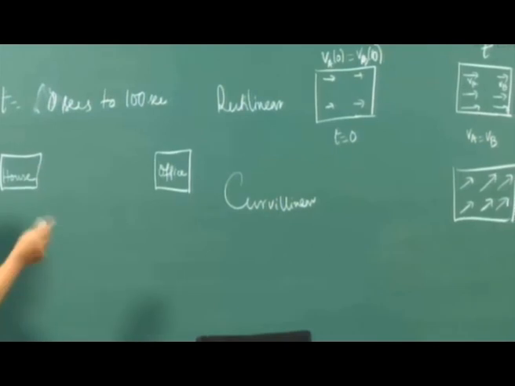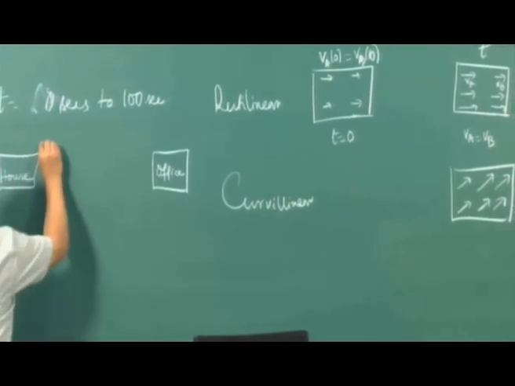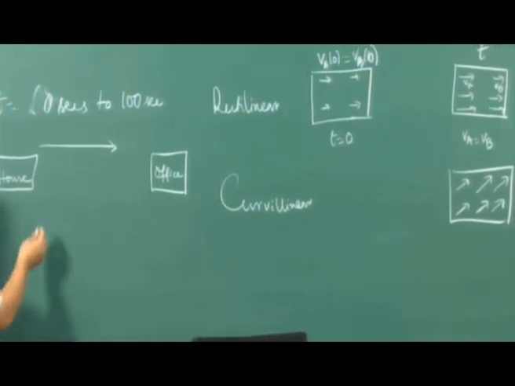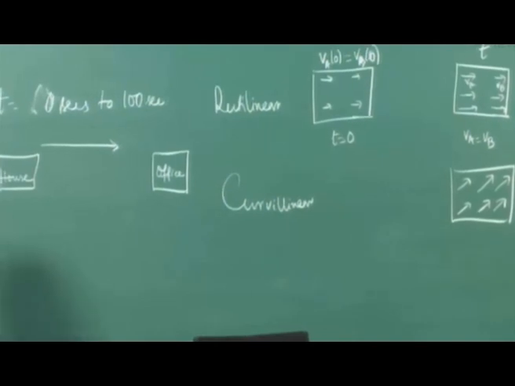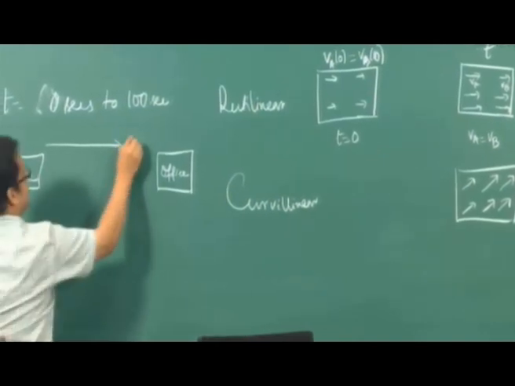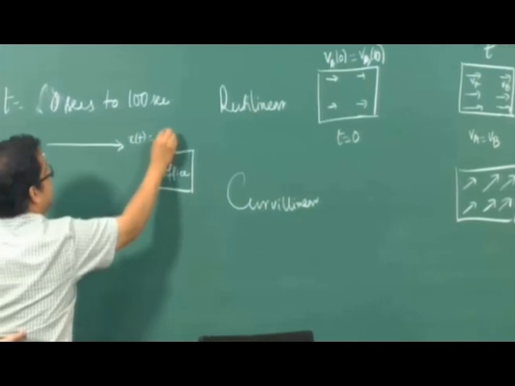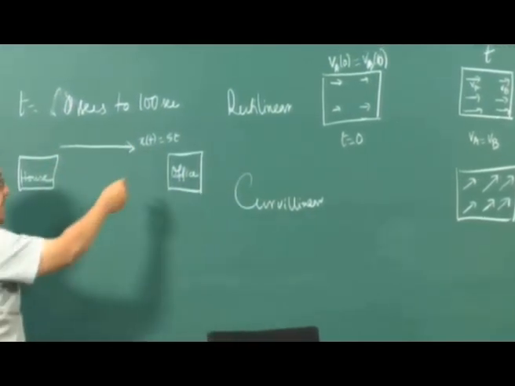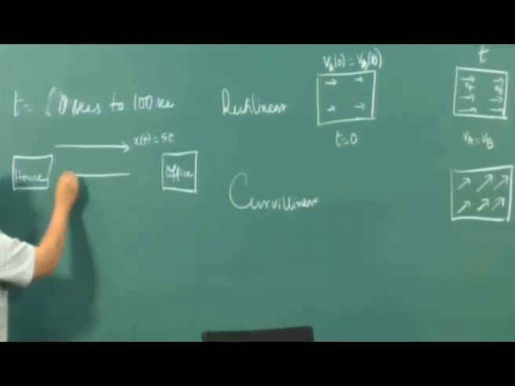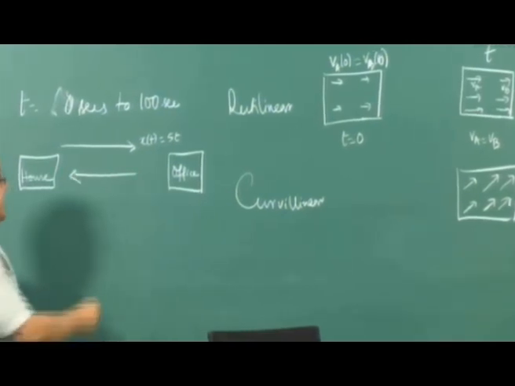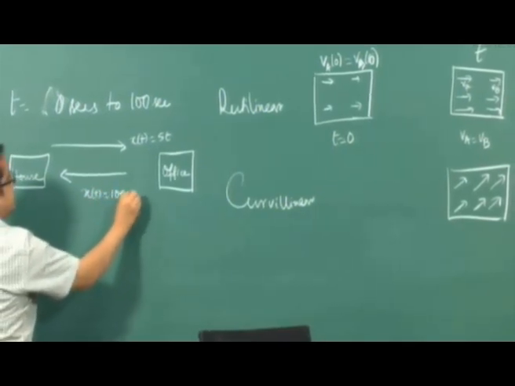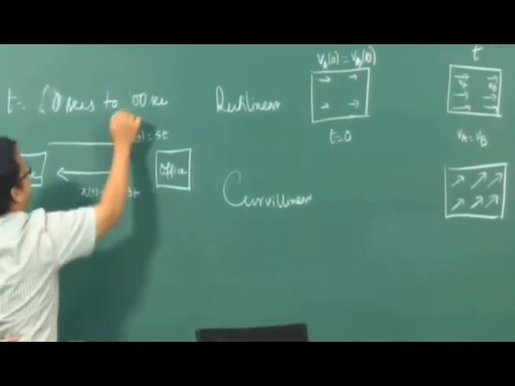In the first 50 seconds I am going in the forward direction, let's say with x(t) equals 5t. I am going away from my house towards my office. But then I have reversed the direction of my motion. I have taken a U-turn and am coming back towards my house, and this time my function was x(t) equals 100 minus 5t. This was actually 300, I am sorry.